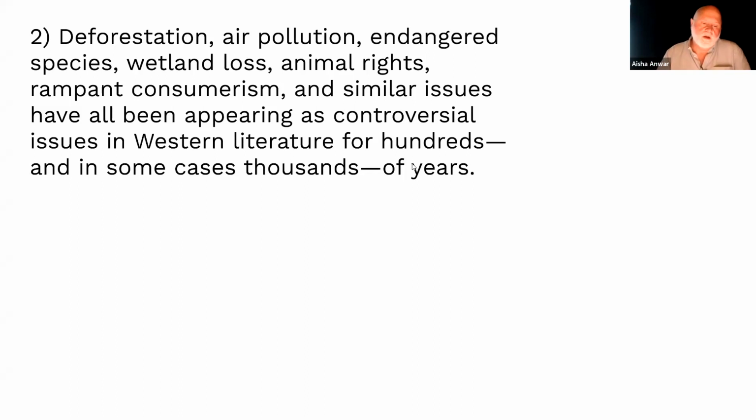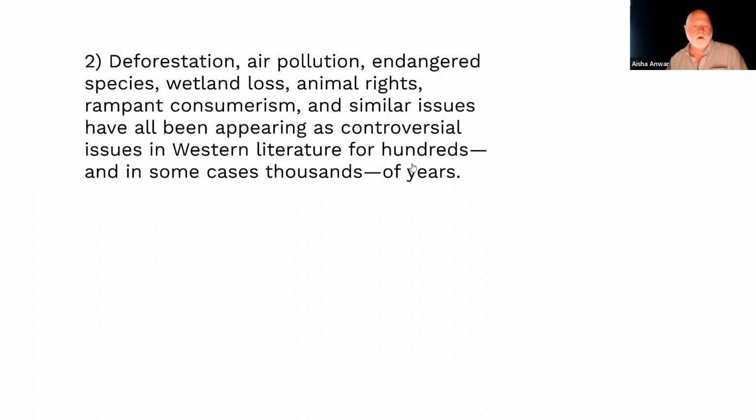You might think something like rampant consumerism is new. We're going to look at a text from 400 years ago that takes it up. 400 years ago, air pollution becomes a problem as Shakespeare's London becomes the first true fossil fuel economy on the planet. These have been around for a while, and it's important to see how they're formulated, because often the early formulation of them will continue on kind of unchanged for quite a while.